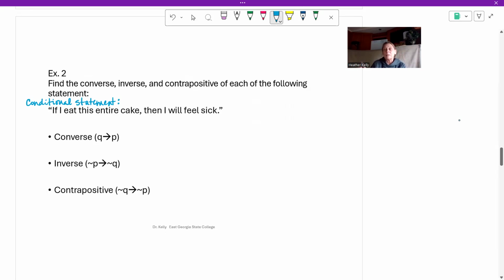Like, if you do all your work, then you will pass the class. That's a condition of the course. Okay. And it's always good for you to go ahead and let P equal eat entire cake. And we'll let Q be I will be sick.